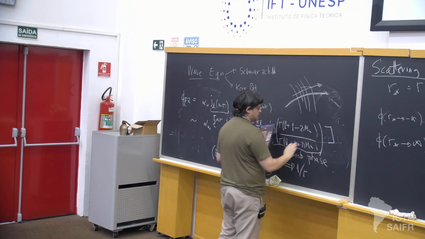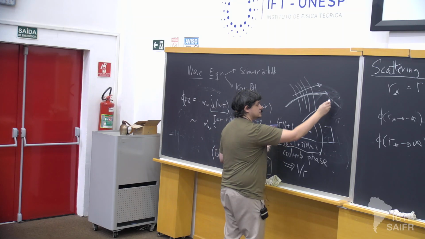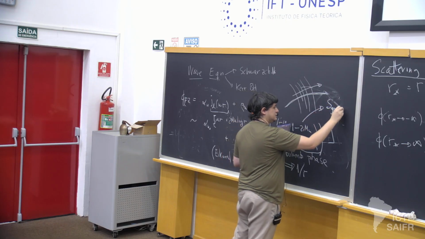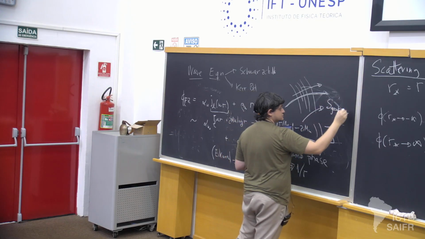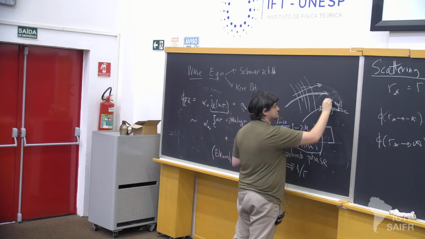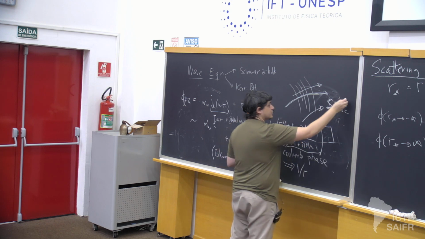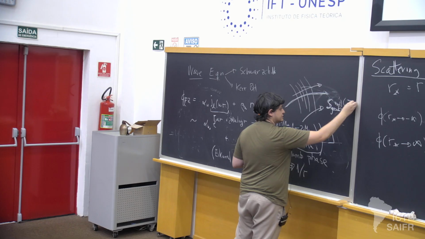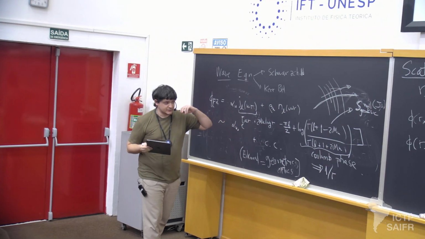What I'm writing here is just the on-shell action of a geodesic in the large L limit, which depends on the angular momentum, which is L, and the energy, which is omega. So that's why there is an L and there is an omega, essentially.